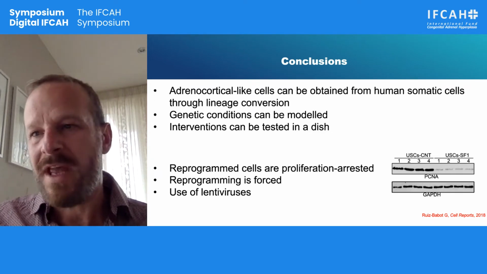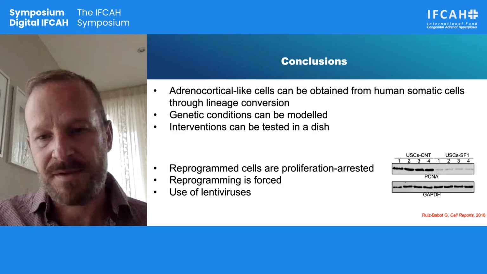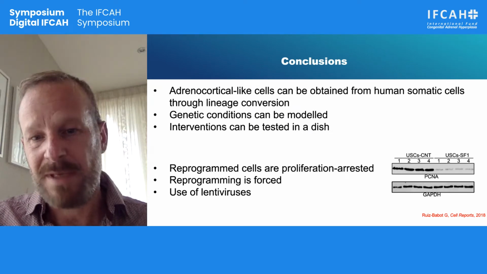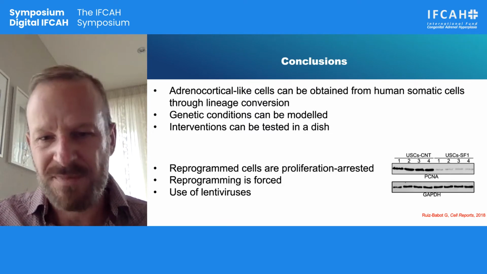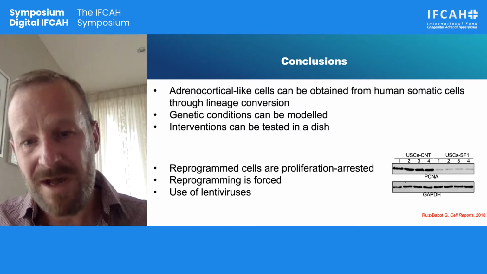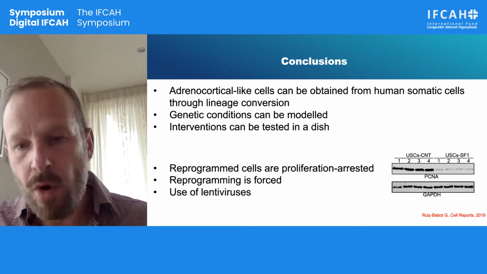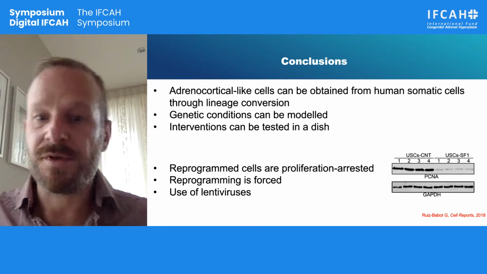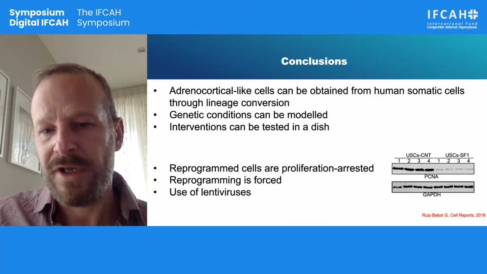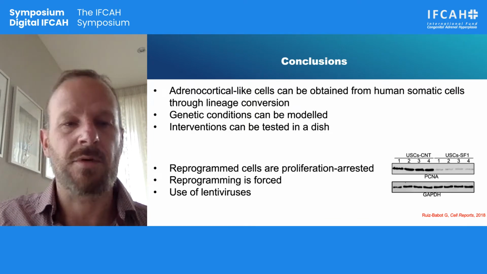So we think the way we have done this protocol bypasses somehow all the biological events which normally would take place within the capsule and the subcapsular region, where there is a quite fine interplay between different pathways regulating differentiation of adrenocortical stem progenitor cells towards a proper zona glomerulosa or zona fasciculata phenotype. So this is something that we believe we are missing here, and we could not detect cells which had characteristics of adrenocortical stem cells in our population.